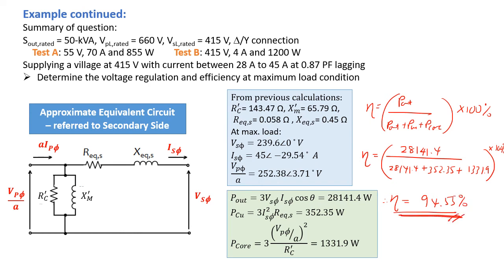Okay, so to summarize this example, from test A and test B, you must be able to identify which is the open circuit test and which one is the short circuit test. From the open circuit test, you must also find on which side they were conducted for both tests.